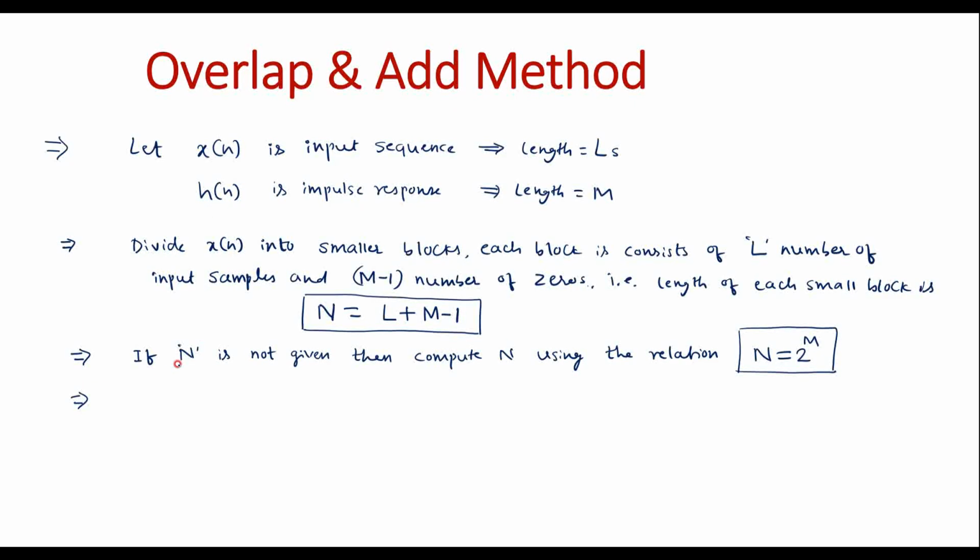Each small block is represented as x1 of n. So as I said, x1 of n will be equal to L samples of x of n. I can call it as x of 0, x of 1, x of 2 and so on, x of L minus 1. That is L samples of x of n followed by m minus 1 zeros.